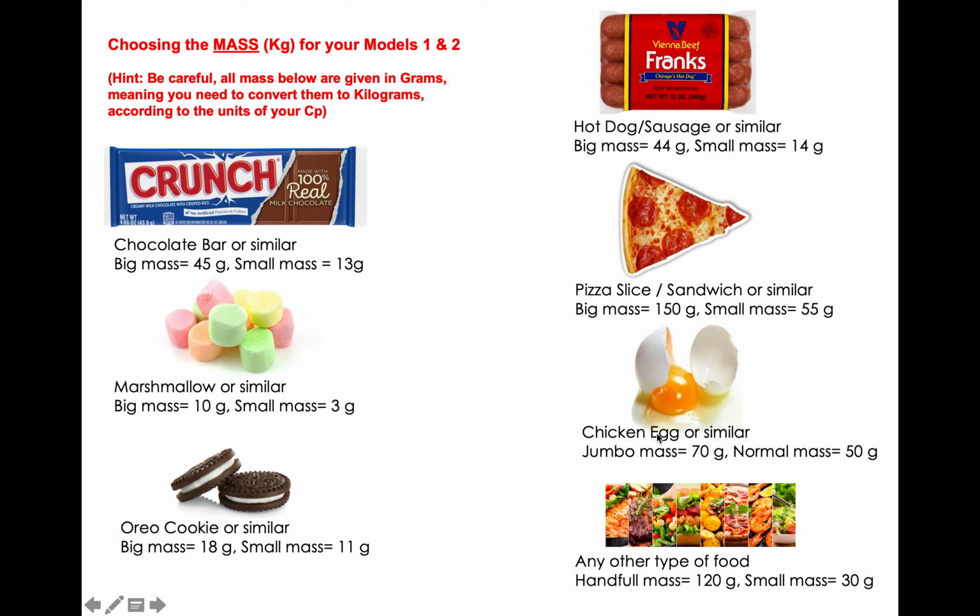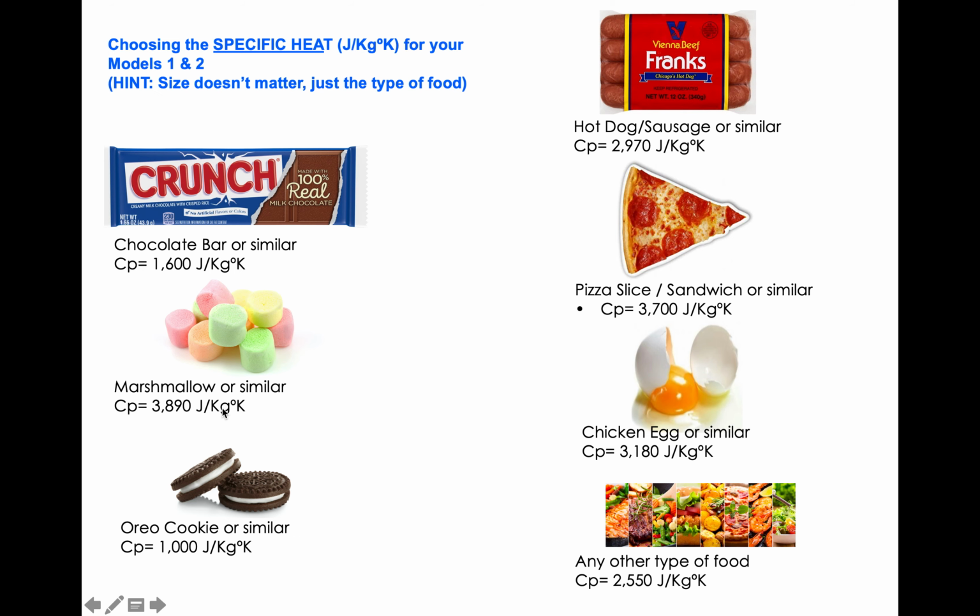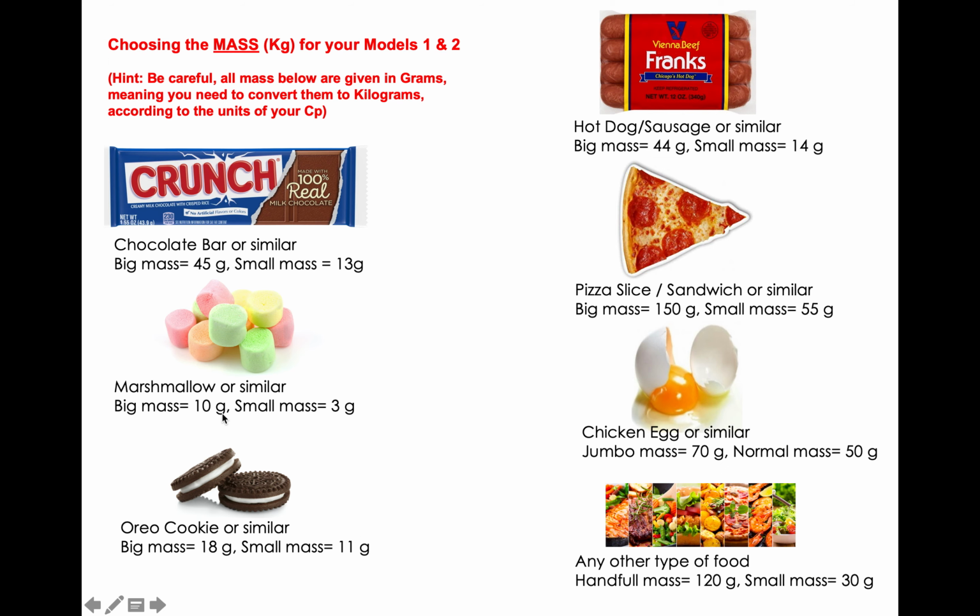For the chicken egg, the big ones are jumbo, and the normals are usually the ones that they sell at the supermarket. And if you have any other type of food, if you have a handful, you will use this mass, or just a small piece, this mass. Check it out, all the masses are in grams, and according to the specific heat that is in kilograms, probably you will need a conversion over there.